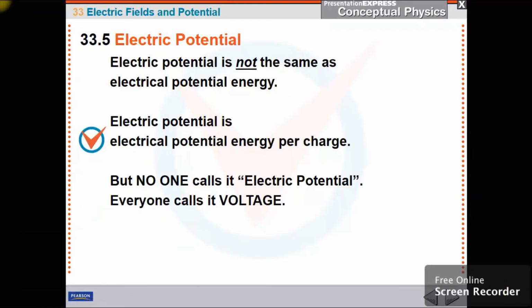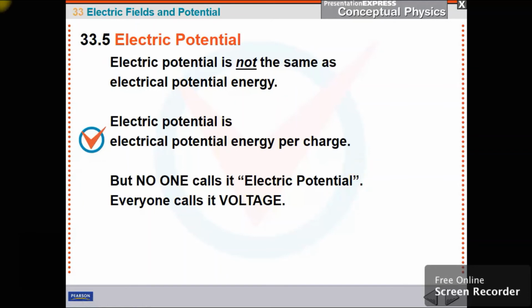And here we are at 33.5, electric potential. Here's the good news, it's all downhill from here. So, electric potential is not the same as electrical potential energy. Electric potential is electrical potential energy per charge. I'll get to that definition in a minute.